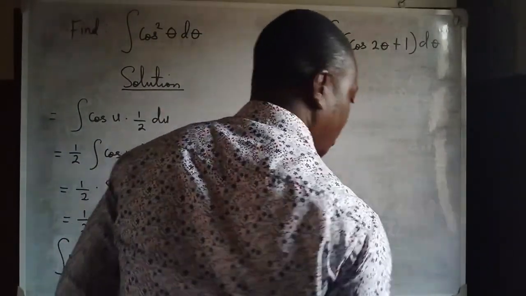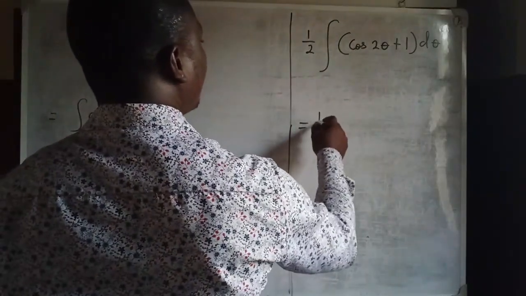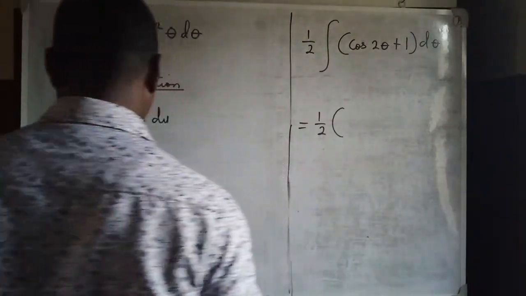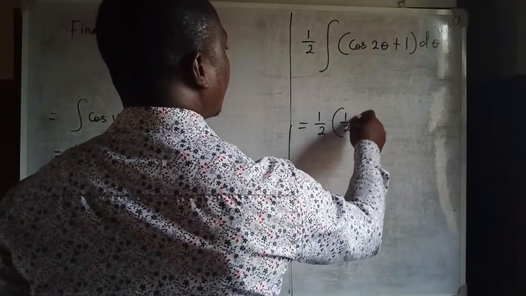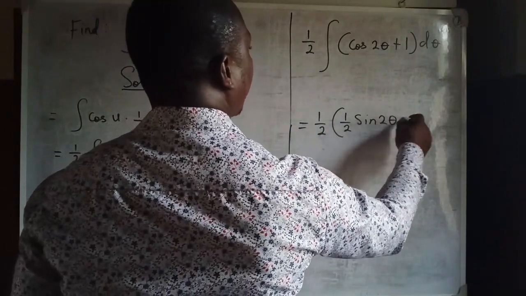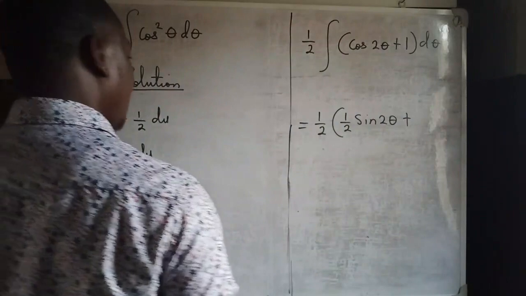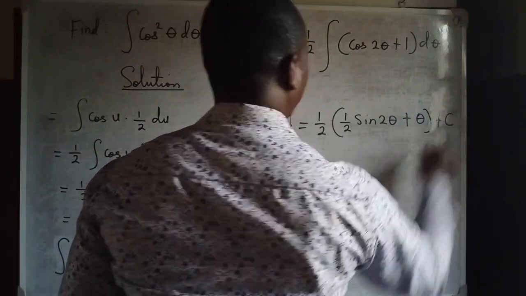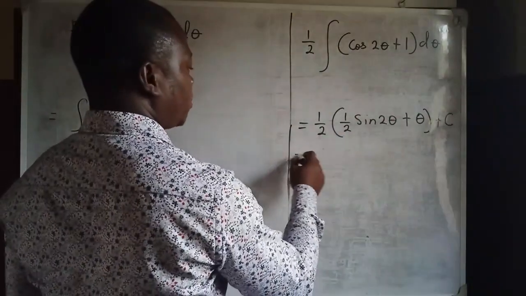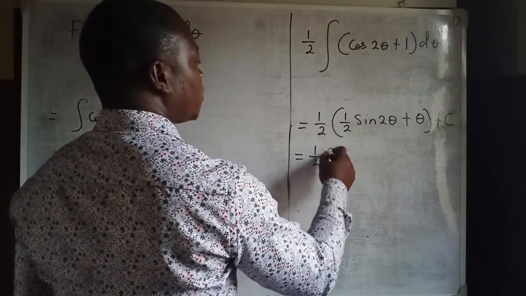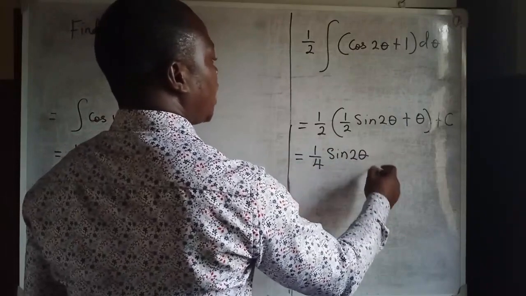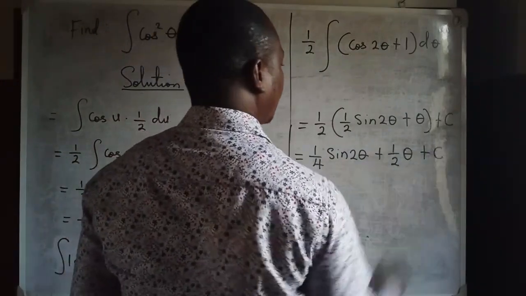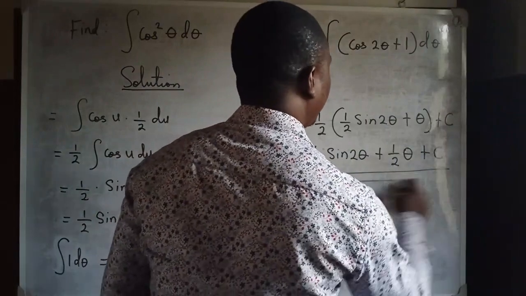That will be equal to 1 over 2 times the integral of cos 2 theta, which is 1 over 2 sine 2 theta, plus the integral of 1 with respect to theta, which is theta, then plus C. If you expand this, you are going to have 1 over 4 sine 2 theta plus 1 over 2 theta plus C. So this is the final answer.